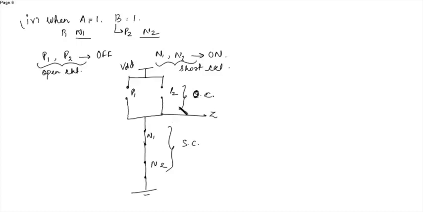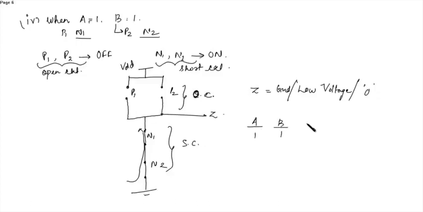Now the output obtained at Z will be driven from ground. So the output Z will be equal to low value or low voltage, or you can say 0. So when A is equal to 1, B is equal to 1, then the output obtained will be 0.